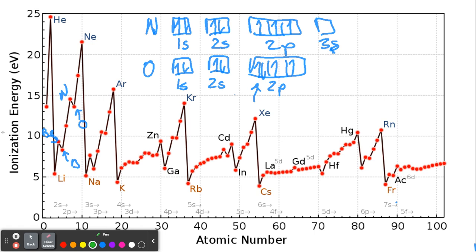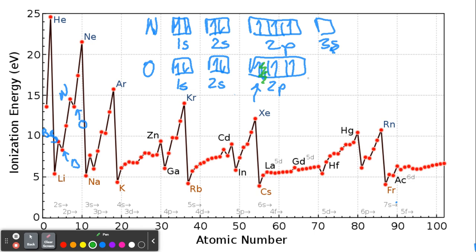It takes more energy to remove one electron from nitrogen, which has this half full stable shell, than it does to remove that electron from oxygen and give it the same electron configuration as nitrogen. This is less stable than this. As a result, the ionization energy for nitrogen is just slightly higher than it is for oxygen, because a half full shell is more stable than this weird asymmetrical business going on.